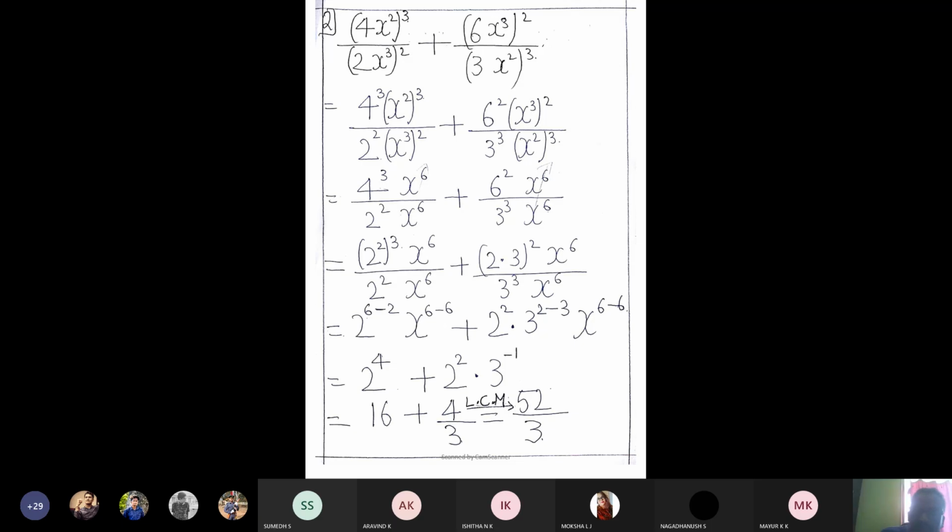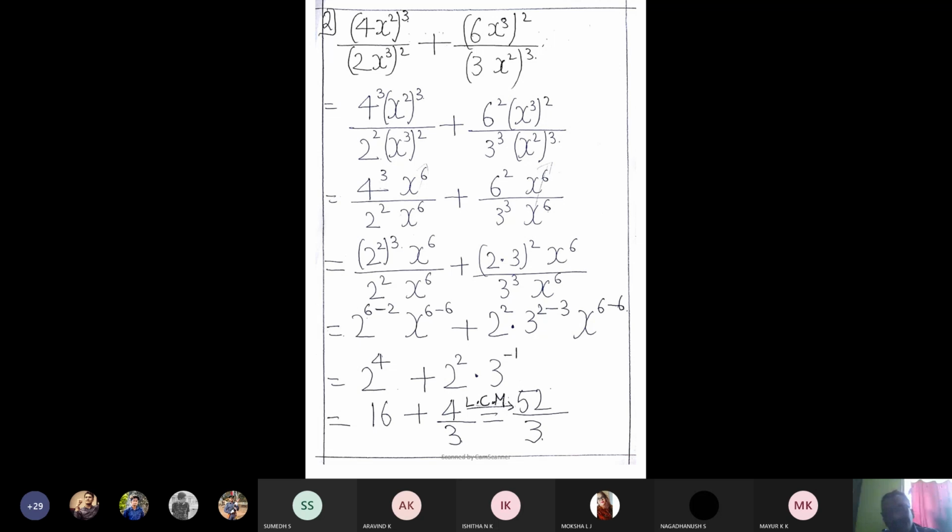Okay, you can do that. See, I am not teaching you simplification. Please mind this. I am not teaching you LCM, multiplication or addition.